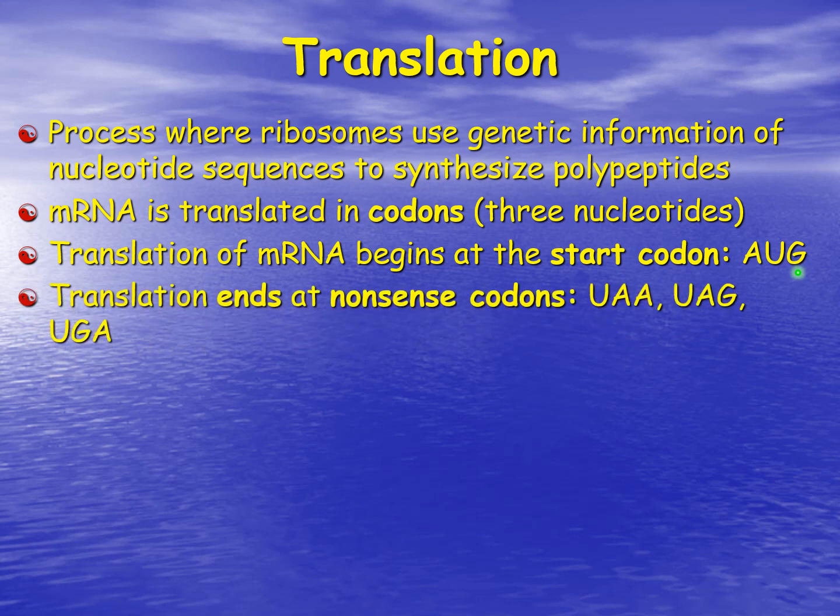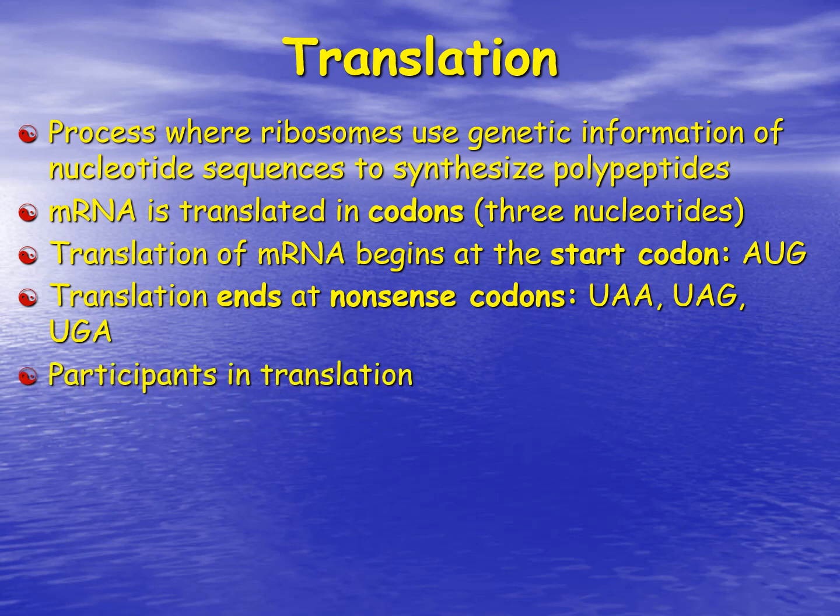Translation will end when the ribosome reaches a nonsense codon, and these are UAA, UAG, and UGA. When the ribosome reaches one of these, there is no amino acid that will be added at this point, and therefore protein synthesis will cease.